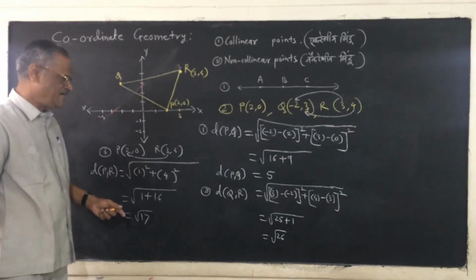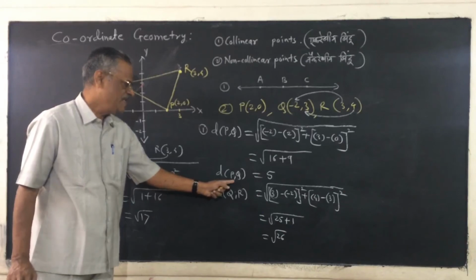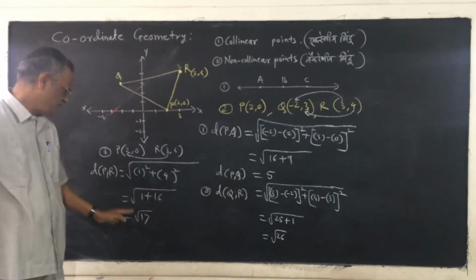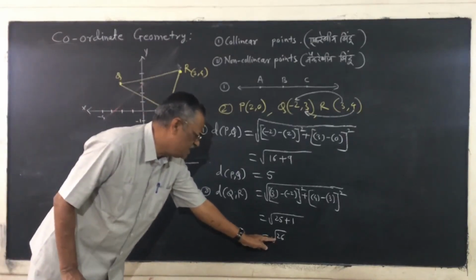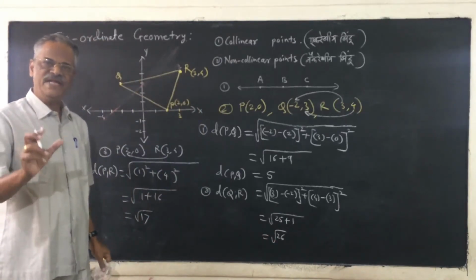Now you can see that PQ is 5, PR is under root 17, and QR is under root 26.